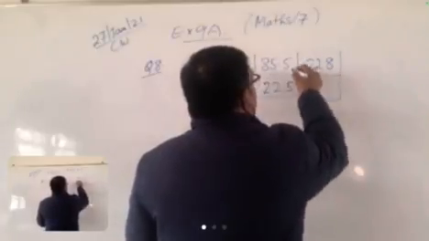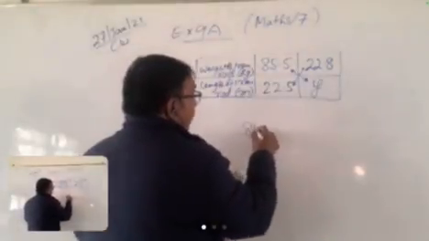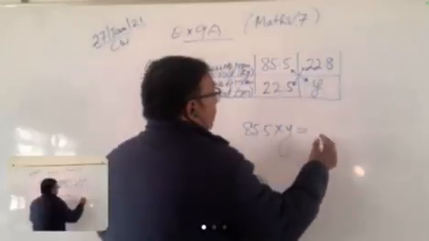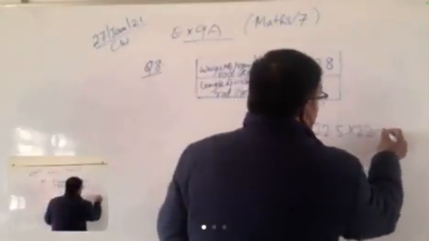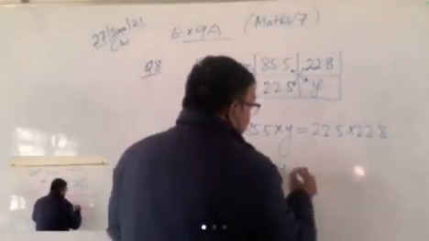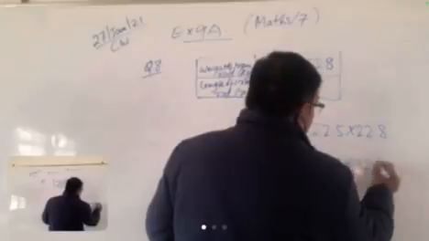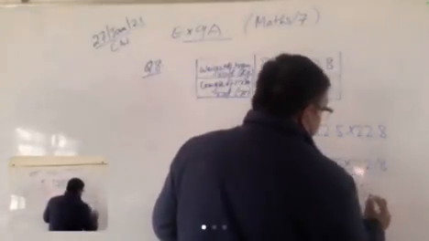So now everyone cross multiply. So it will be 85.5 multiplied by y is equal to 22.5 into 22.8. So y is equal to 22.5 into 22.8 upon 85.5.